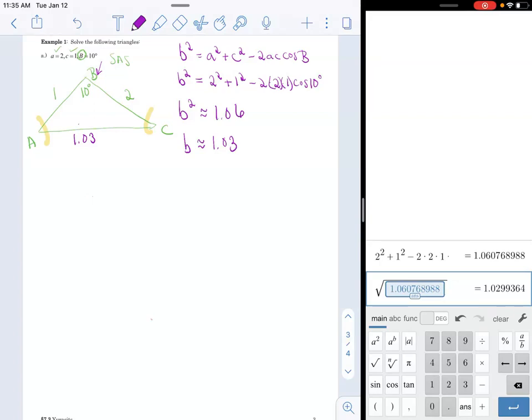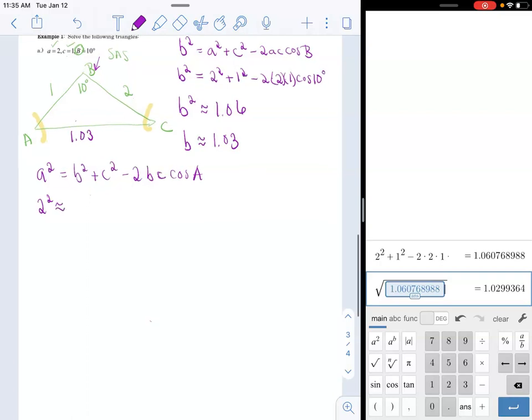So if I want to solve for angle A, I'm forced to use this formula. Substituting in values, I get 2 squared equals, and I'm going to put approximately because my B I rounded on my paper, and I don't know A. That's the whole purpose of this.